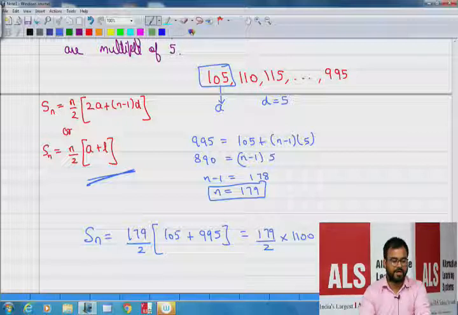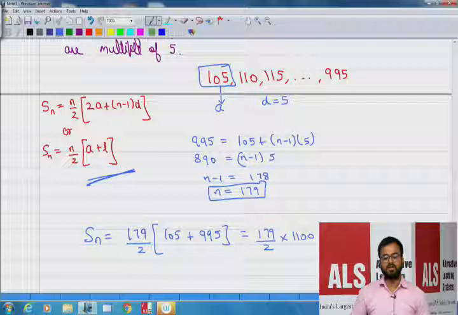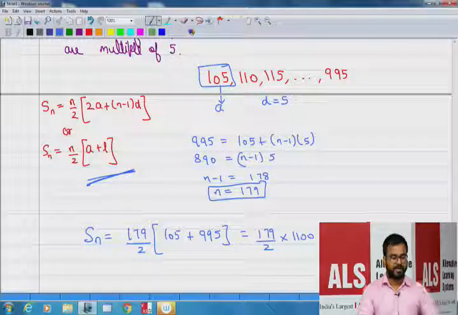So 1100 into 179 divided by 2, which is 179 into 550, since 1100 by 2 is 550.